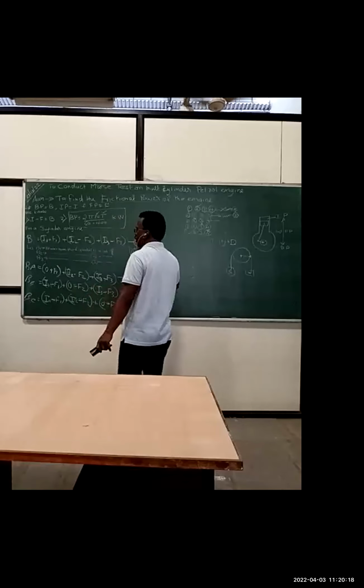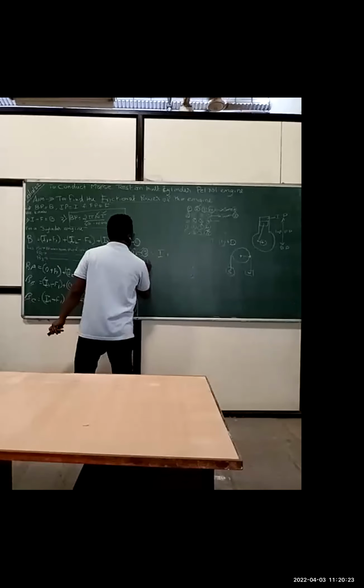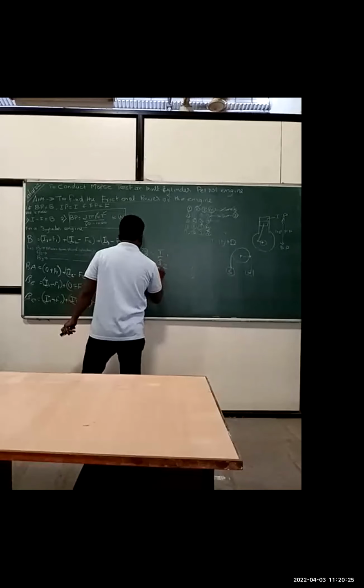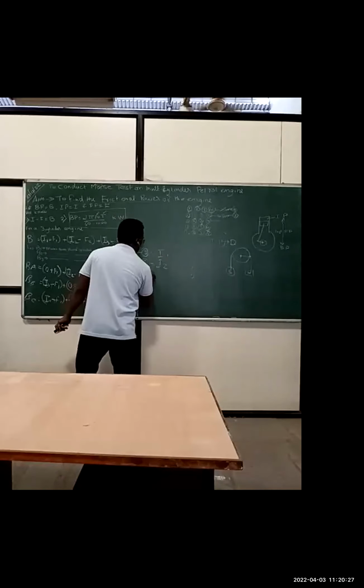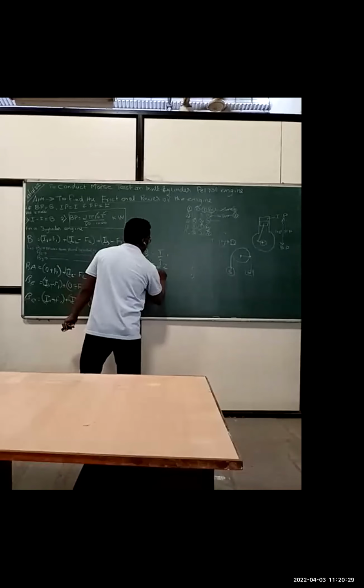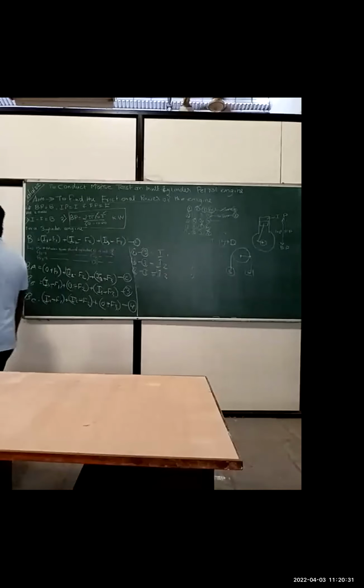That is, 1 minus 2 will give you I1, 1 minus 3 will give you I2, and 1 minus 3 will give you I3. Okay, doesn't matter.